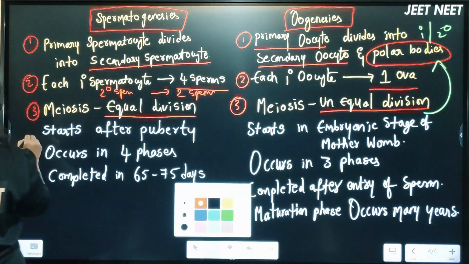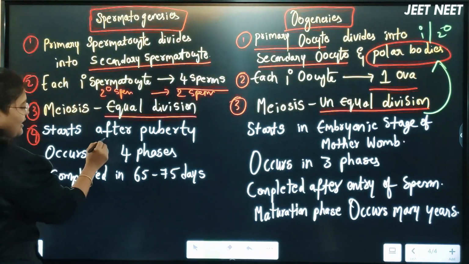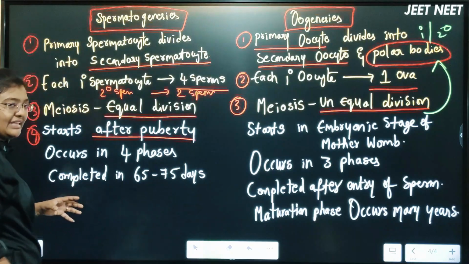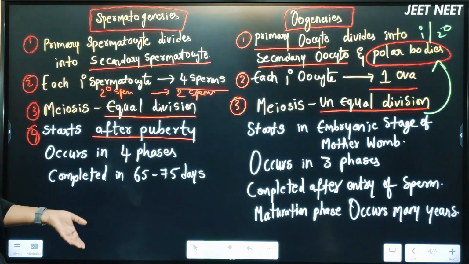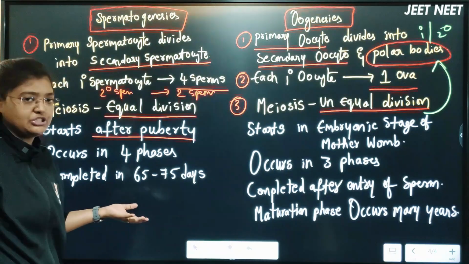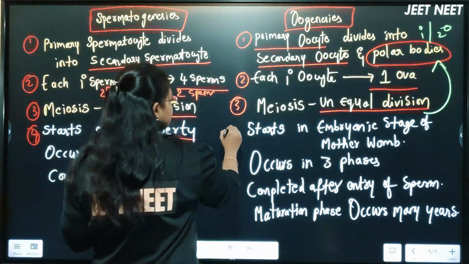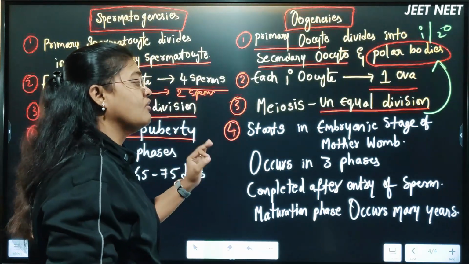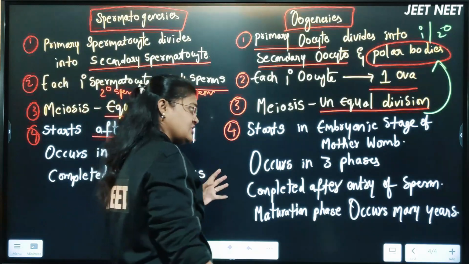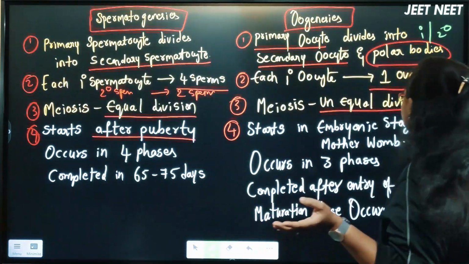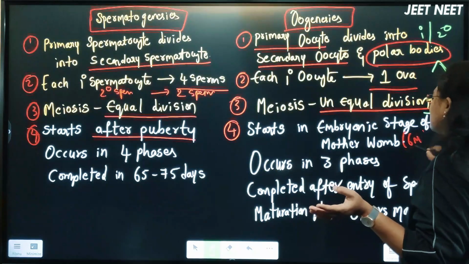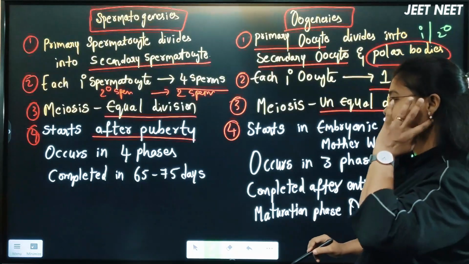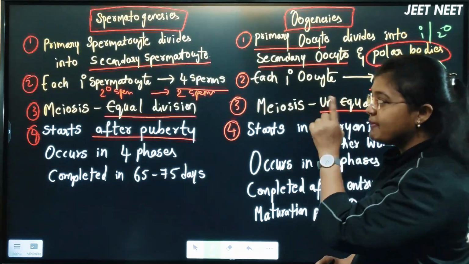Then the fourth one, this is very important. The spermatogenesis process will start in the male body after puberty, when they reach puberty here. But the oogenesis process will start in the embryonic stage in the mother's womb itself. Generally, I have told you that point also, around which month here? 6th month. We are going to start the oogenesis process here, right?